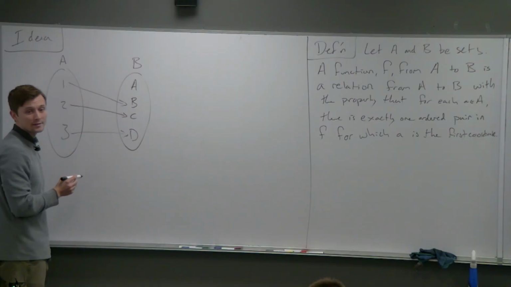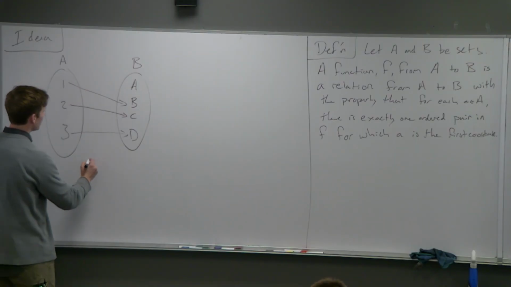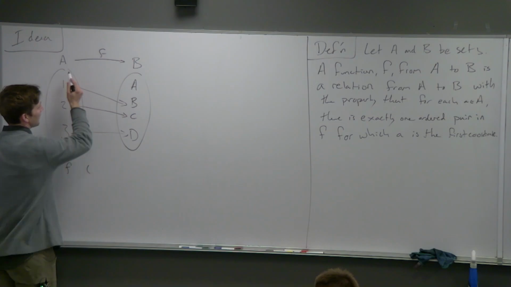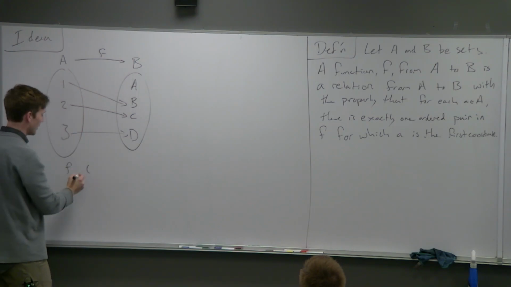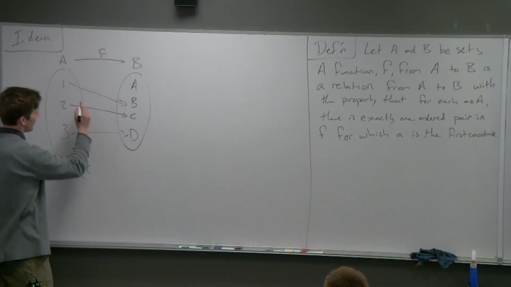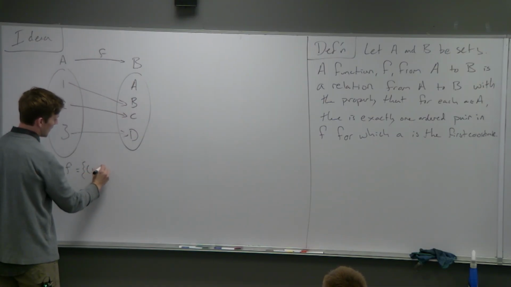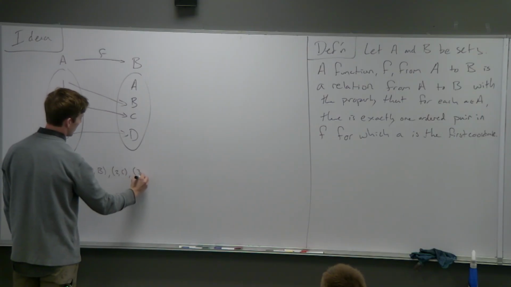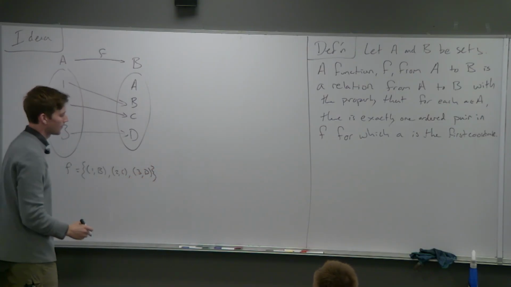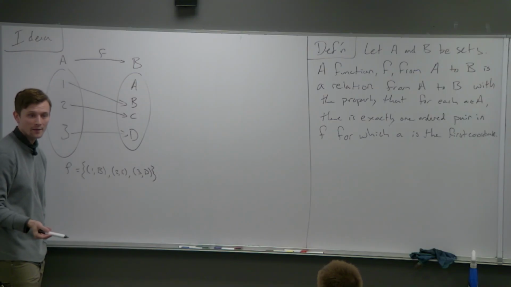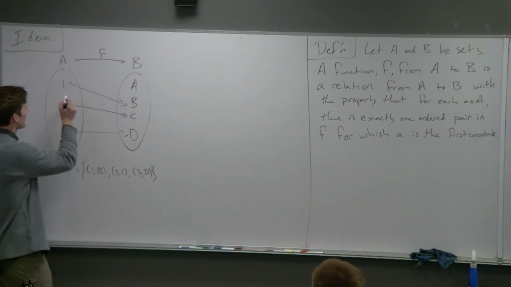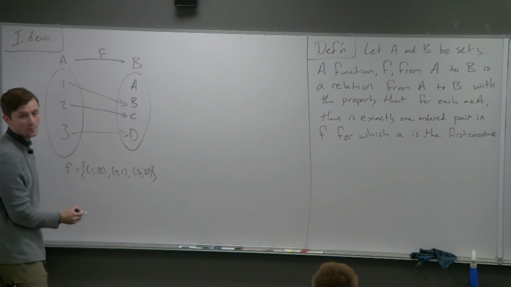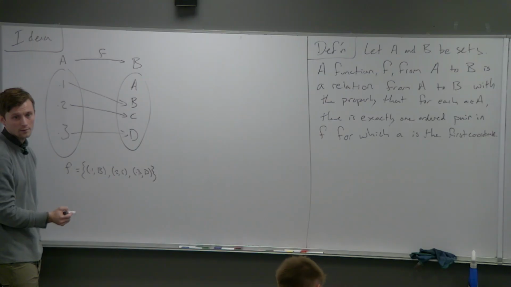So if we write this in ordered pair notation, what this says is that our function f, which we're drawing here as the thing sending A to B, that's what these arrows are encoding, f would be just the set 1, B, 2, C, and 3, D. Notice what this is saying, the condition that it's a function, is that for every single thing in A, it appears as the first item once and only once.